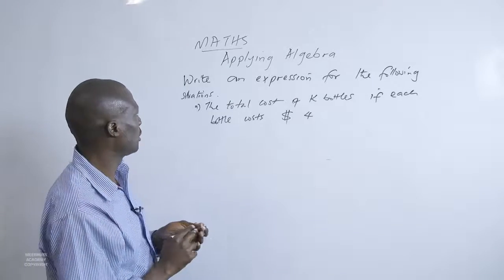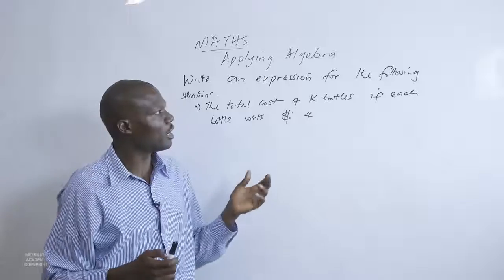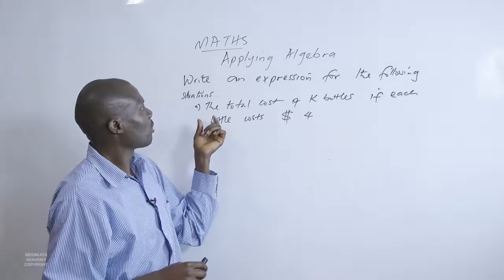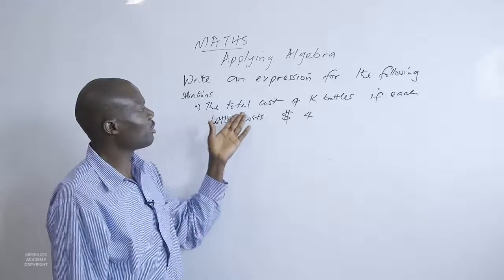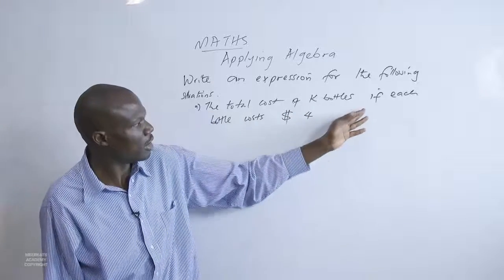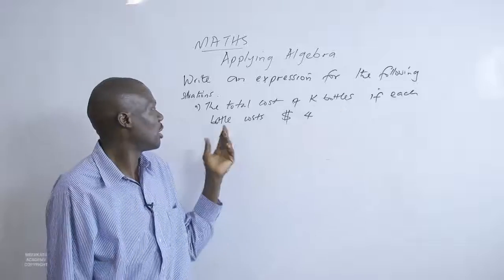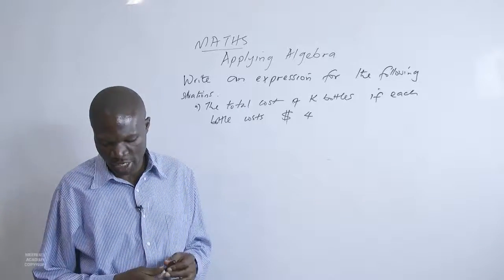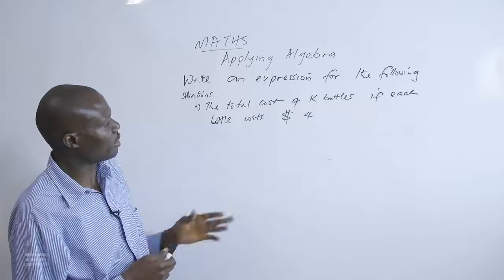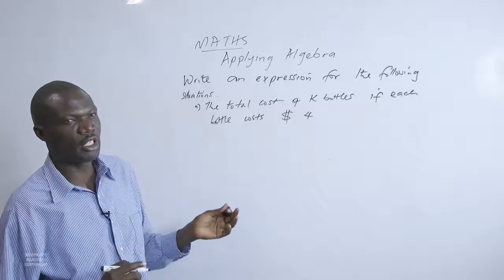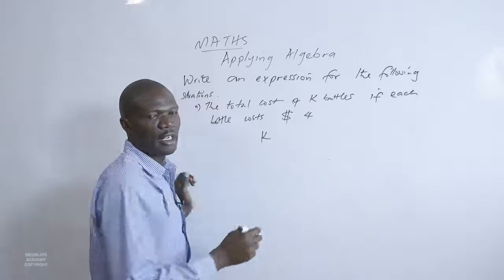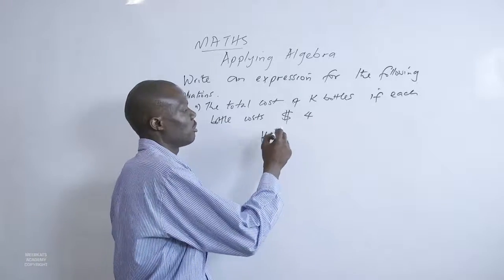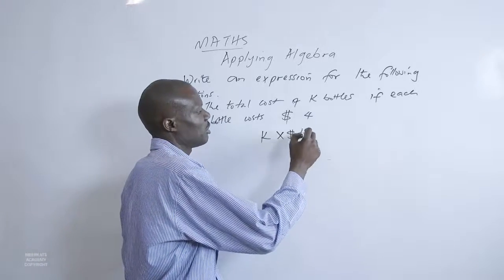Let us look at every expression at a time. We want to see how we shall apply algebra given the total cost of K bottles, if each bottle costs $4. For this case, the number of bottles is K, and each bottle costs 4 dollars.